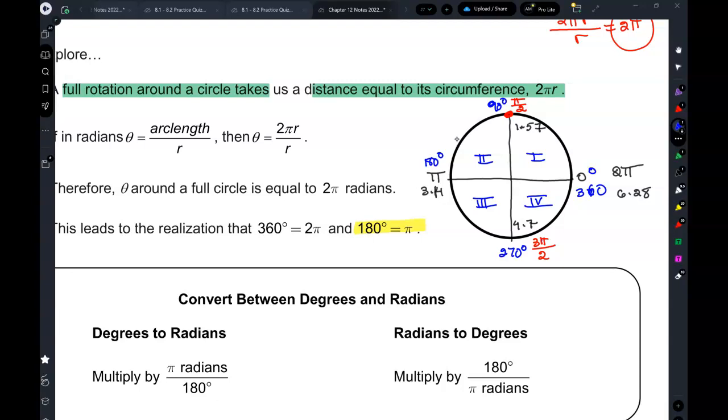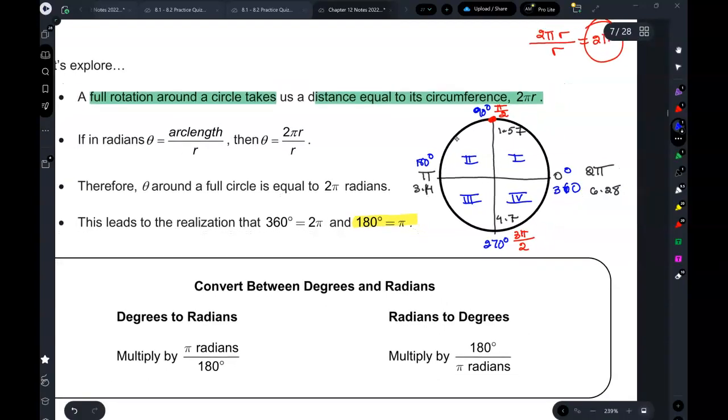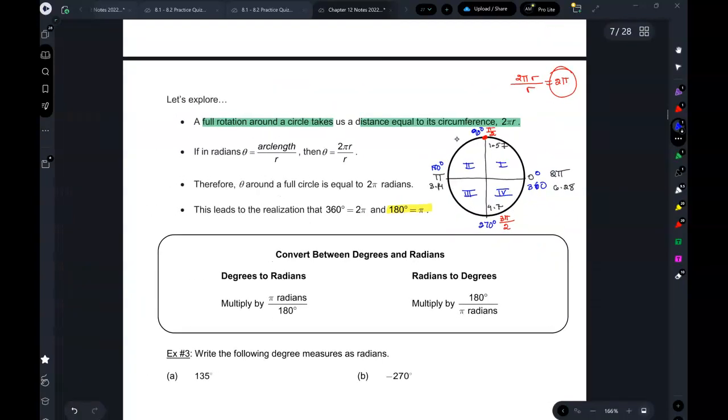It's kind of confusing, so you have to go with this. 3.14, half of it is 1.57. So where is half a radian? 1, in quadrant 1. Where's 5 radians? 4, quadrant 4.